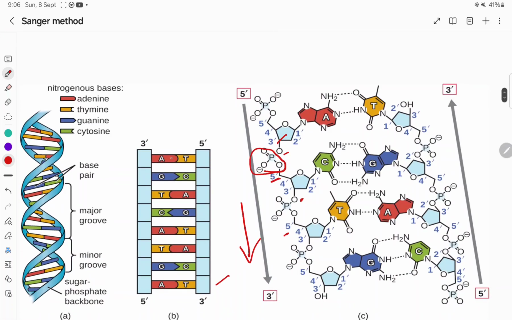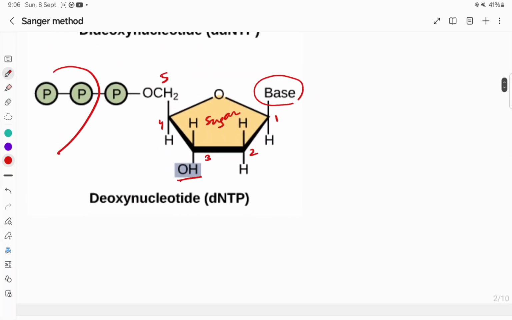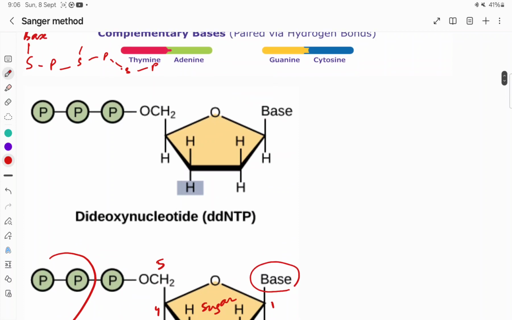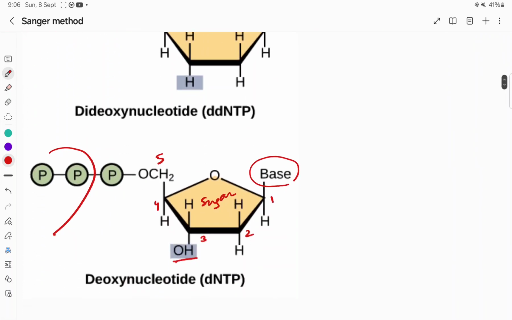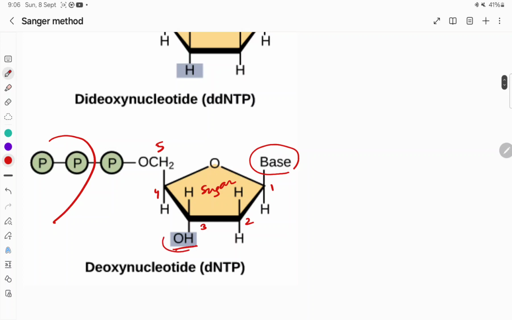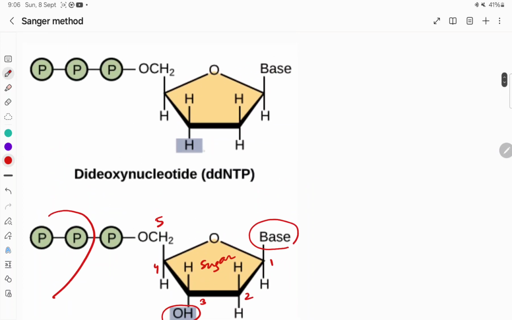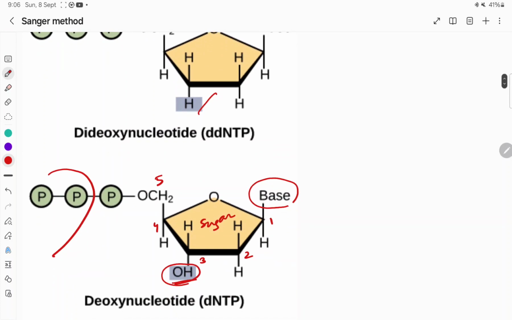How can we know the sequence of the bases? The method here is the chain terminator method, where we use the dideoxynucleotide. In the deoxynucleotide there is no hydroxyl in the second position. In dideoxynucleotide, both the second position as well as the third position do not have the hydroxyl group.